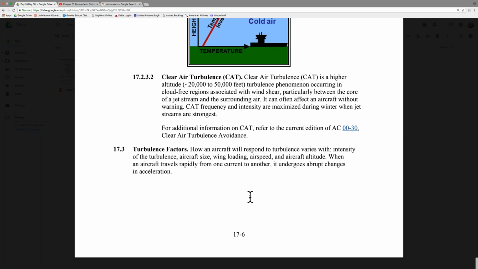So think of turbulence as like rough seas, right? If you've ever been on a cruise ship, a lot of times when there's rough seas, the effect of those waves is minimal. You can feel it, but it's not life-changing.